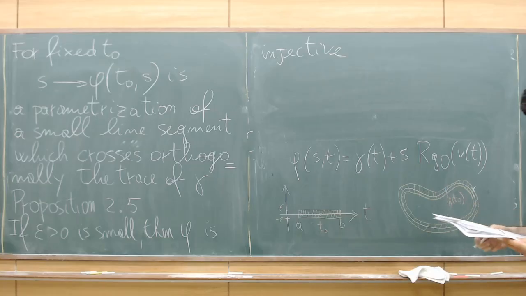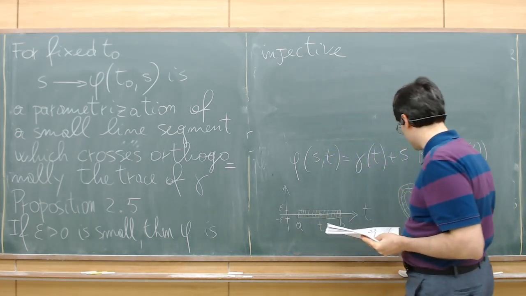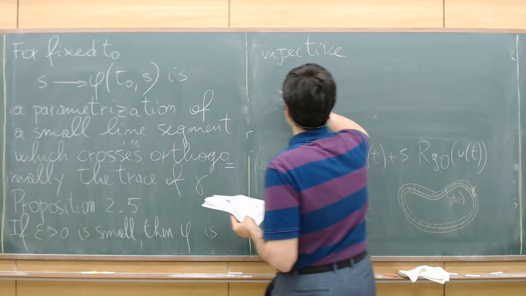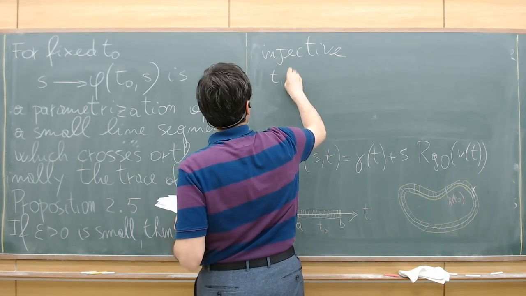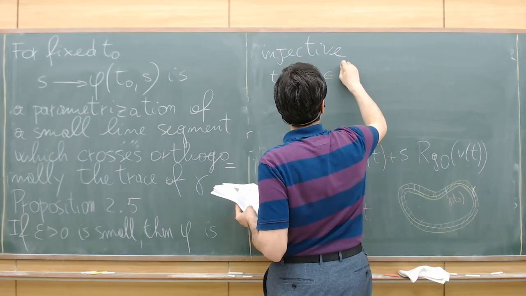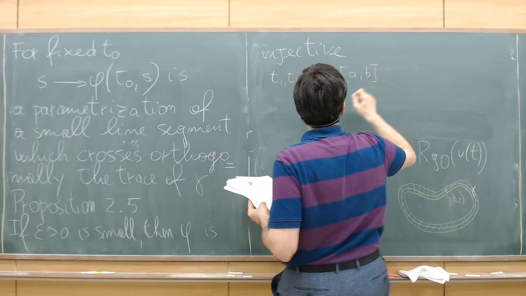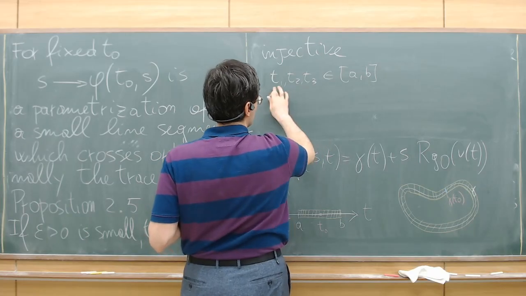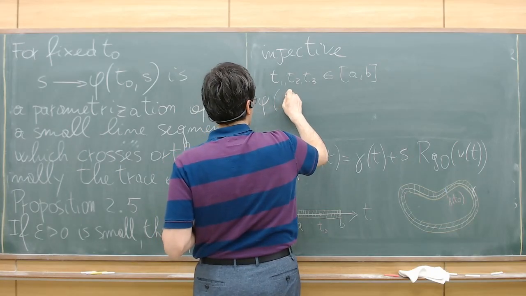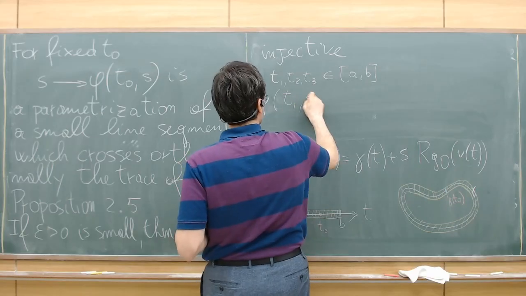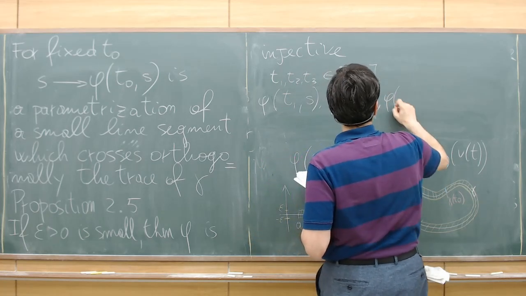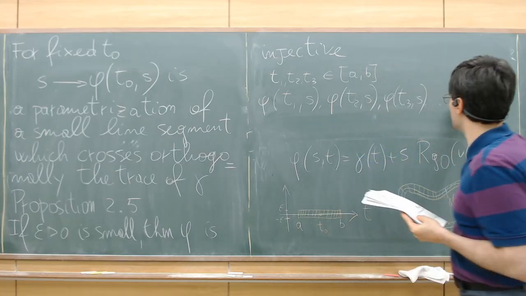In other terms, if I take for example T1, T2, T3 in AB, and they are close to each other, then phi of S,T1, phi of S,T2, phi of S,T3, and of course you can continue.